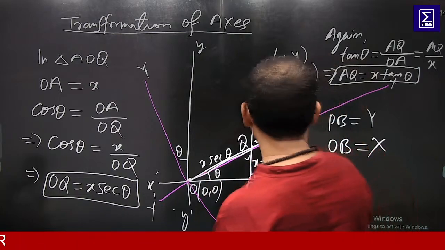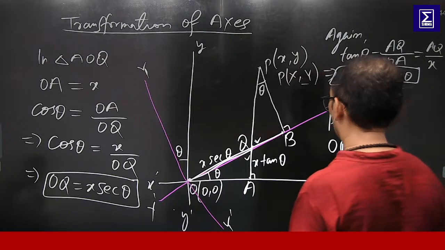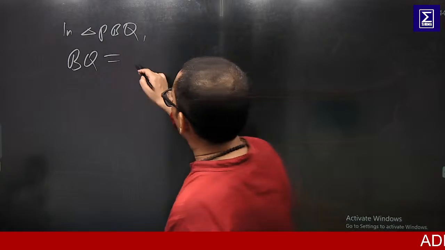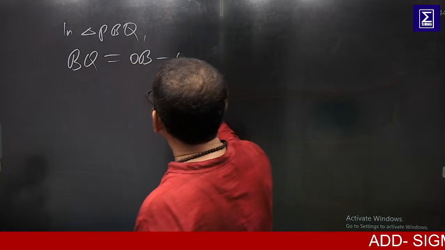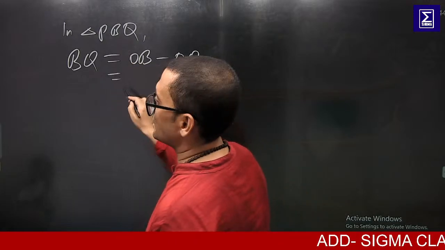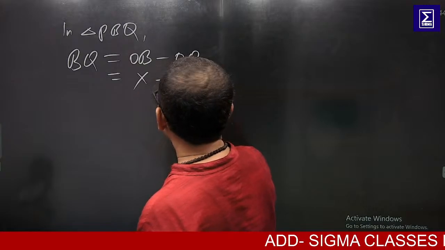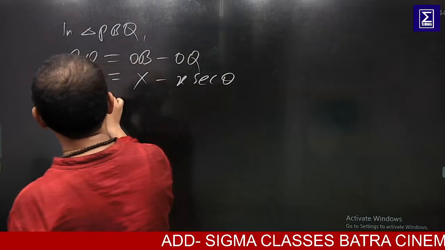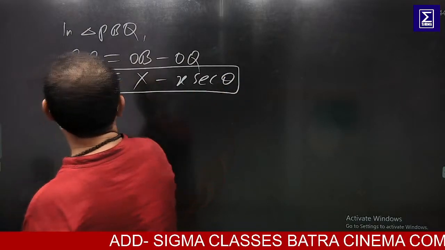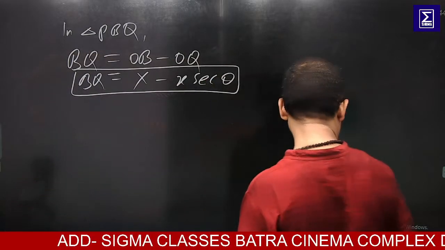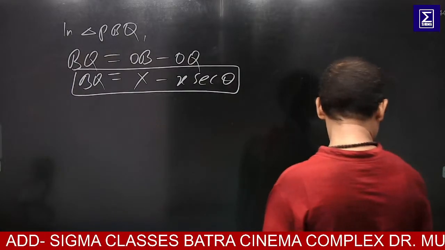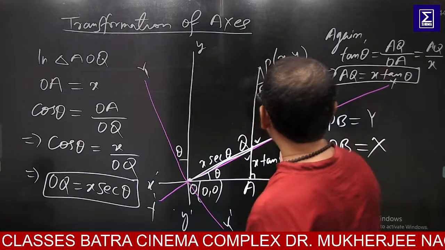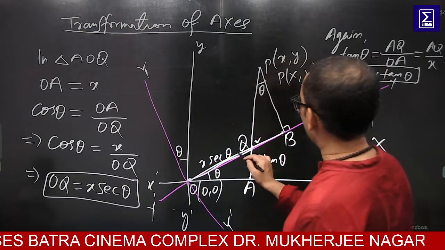OB minus OQ. OB is capital X, and OQ is x secant theta. So we got BQ is capital X minus x secant theta.